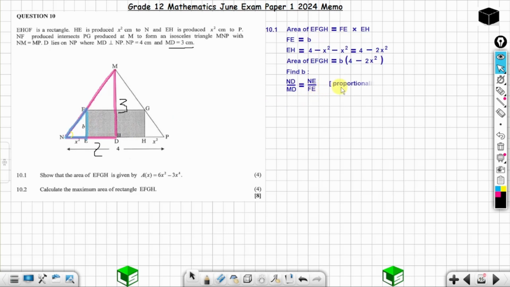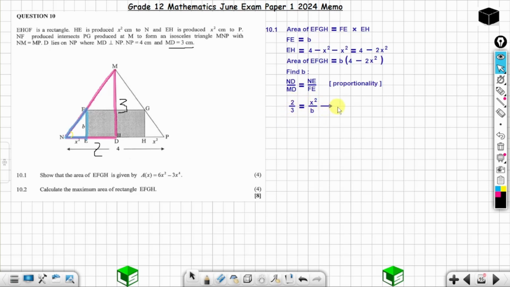This is proportionality. So you have 2 over 3, which is equal to NE, which is x squared, over FE. FE is B. So now you can find B. You are going to cross multiply.